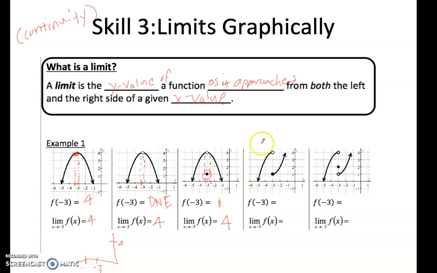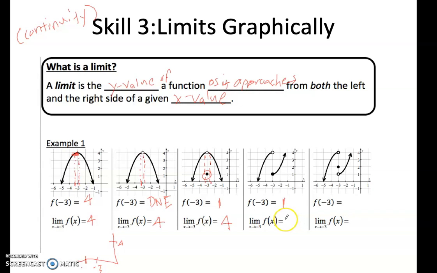Now, these graphs over here are the ones where we have those jumps and skips. If we're plugging in -3, we have that solid dot. This is your piecewise function. The y value of that solid dot is 1.